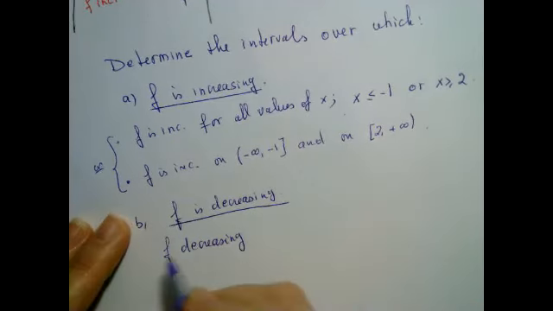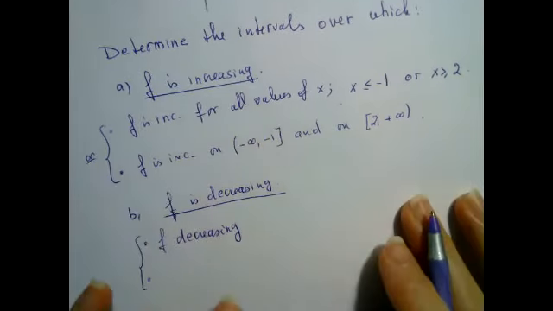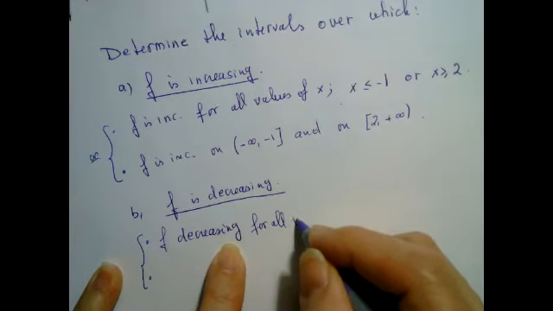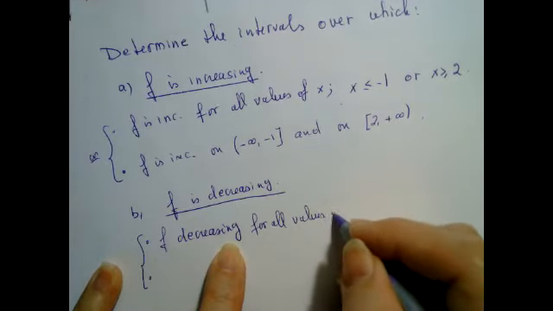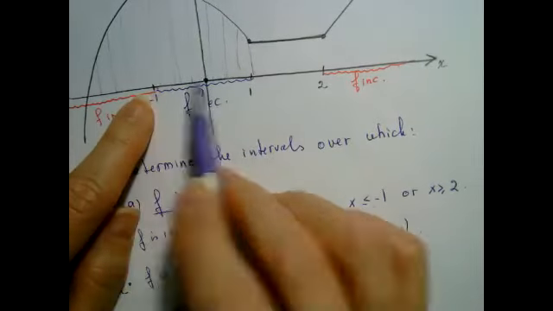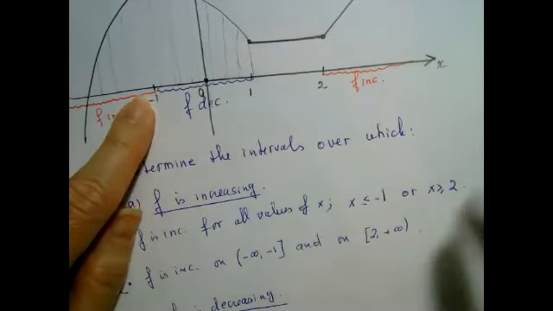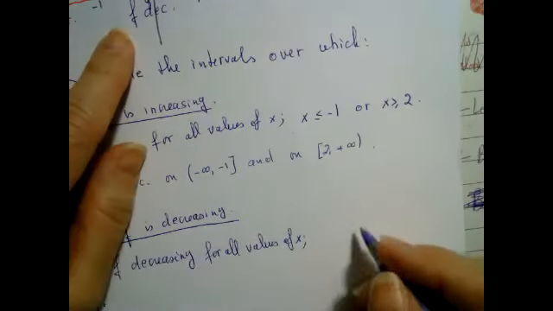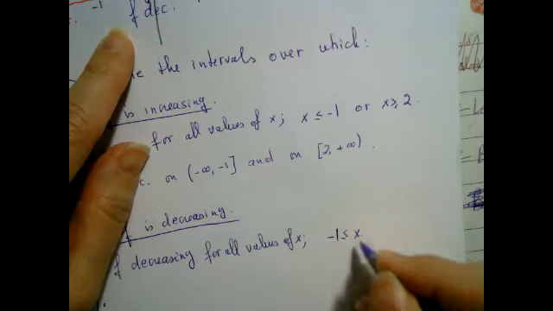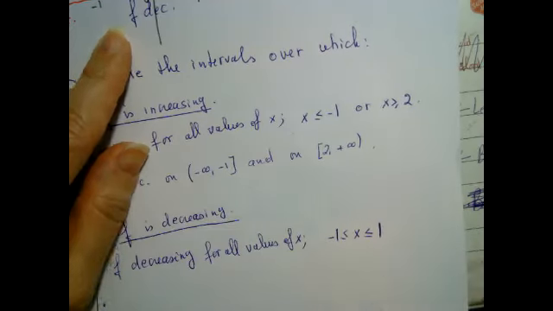We can write it two ways, with and without. I would like you to make sure we can get both: f decreasing for all values of x such that x is between -1 and 1. Now the way we write this is like this: x is bigger than -1 and less than 1.